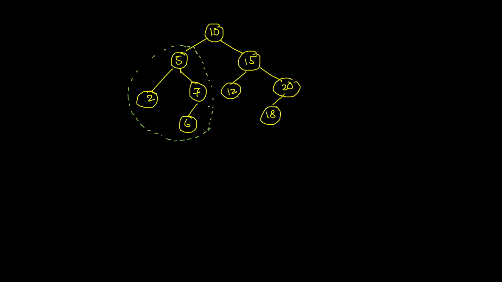If you cut this part, it is also a binary search tree. That's why this part, with respect to the whole tree, is called a subtree. And if you check, all the values are lesser than 10. Similarly, you have a subtree over here also. And in the right subtree, you see all the values are greater than 10.